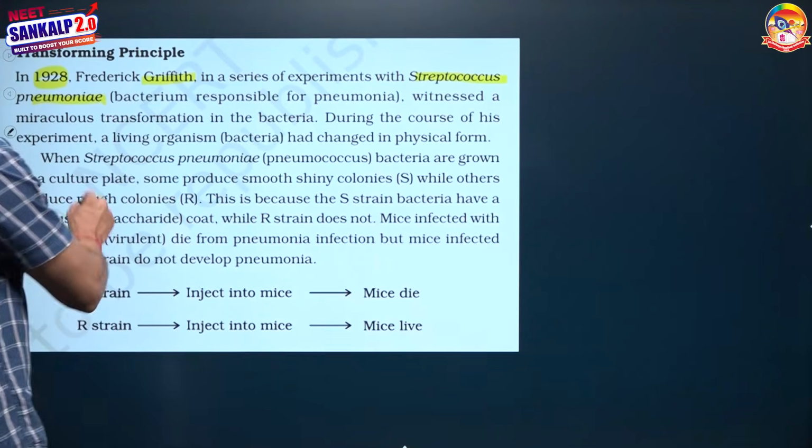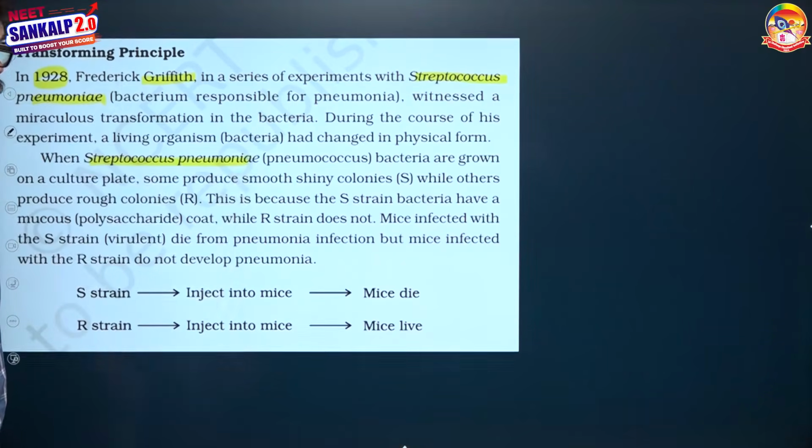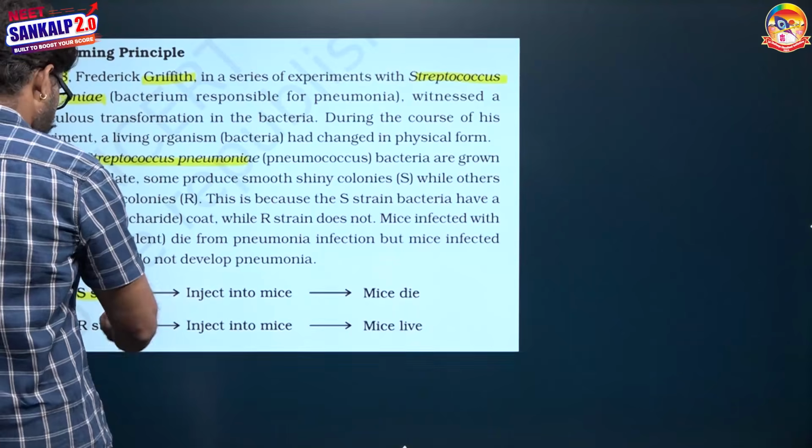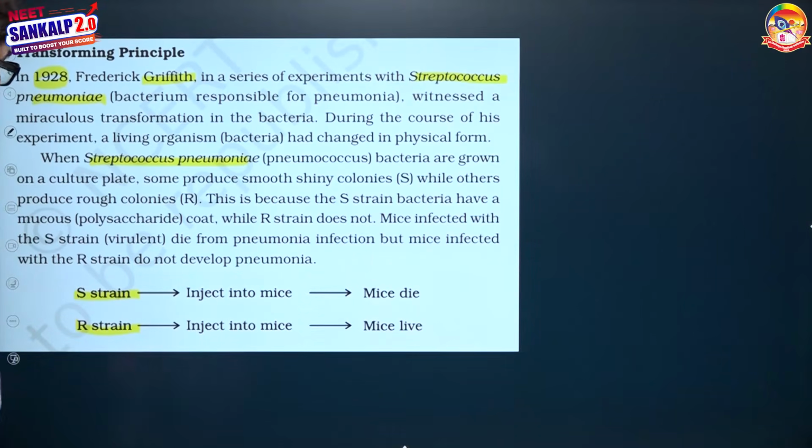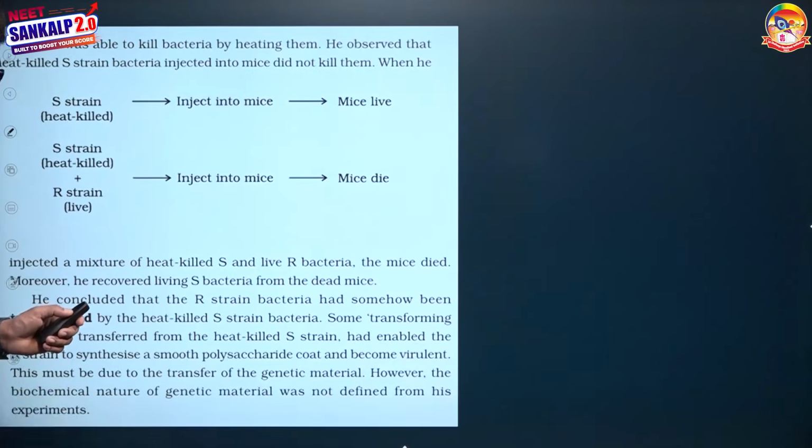When Streptococcus pneumoniae bacteria are grown on a culture medium, some produce smooth shiny colonies while others produce rough colonies. So there are two types of strains, S strain for smooth and R strain for rough. S strains are virulent, they cause death of the mice, while R strains are non-virulent, they cannot cause any death of the mice.